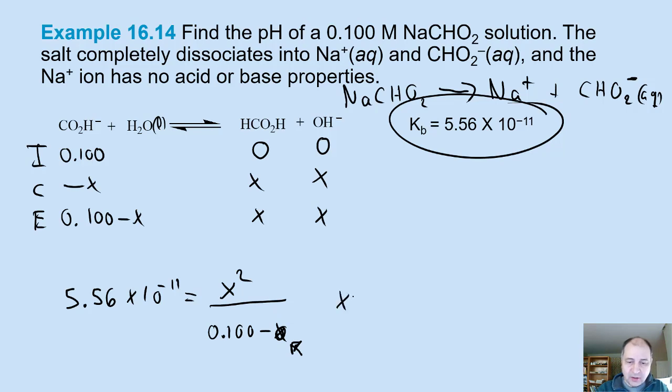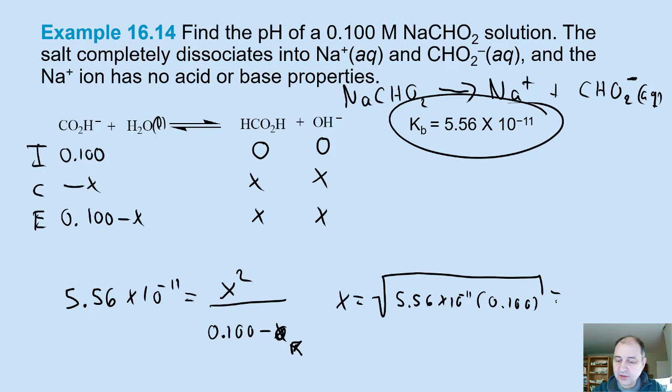So then x would be equal to the square root of 5.56 times 10 to the minus 11 times 0.100, which is equal to 2.4 times 10 to the minus 6. Of course, that's the hydroxide ion concentration.